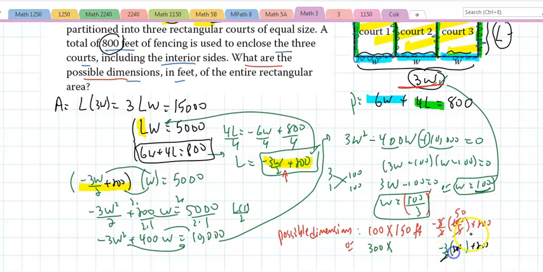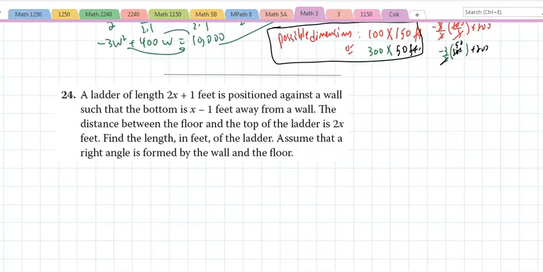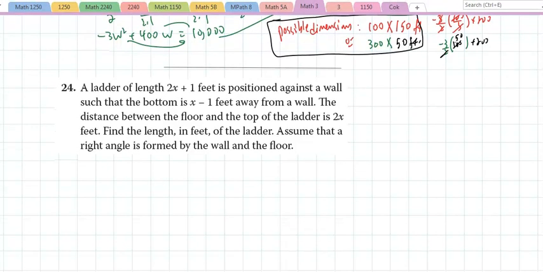This simplifies into negative 150. A negative 150 plus 200 is 50. So those both multiply to give you 1500. Those are the possible two dimensions of this rectangle.